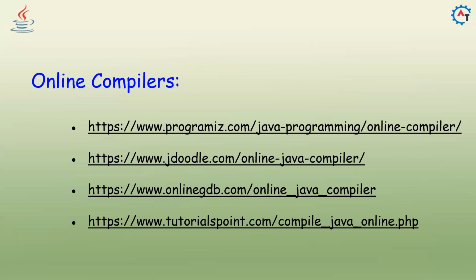If you want to work even with text editors like Notepad, Java should be installed on your machine, and they will not allow you to install IDEs. At that time, if you want to learn Java and practice, you can depend upon these online compilers. Very easy, just open the URL, start writing the code, execute and see. That simple it is. Because of that, I am discussing these online compilers also.